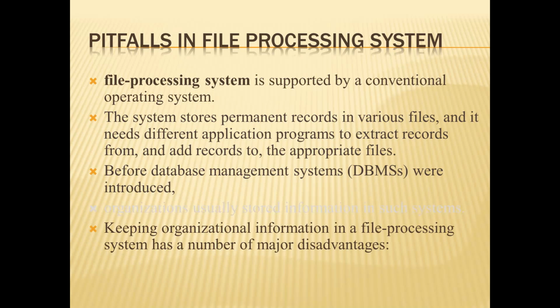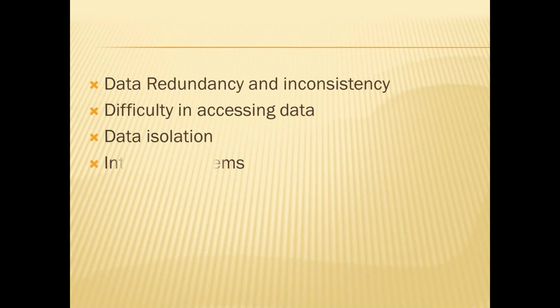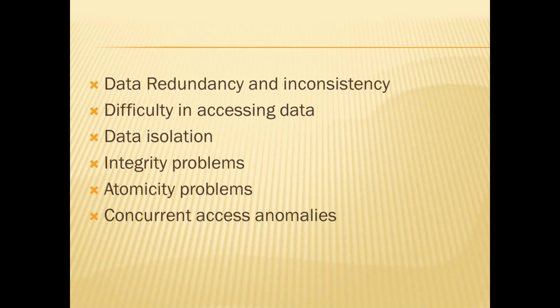So they are: number 1, data redundancy and inconsistency. Number 2, difficulty in accessing data. Number 3, data isolation. Number 4, integrity problems. Number 5, atomicity problems. Number 6, concurrent access anomalies. And number 7, security problems.